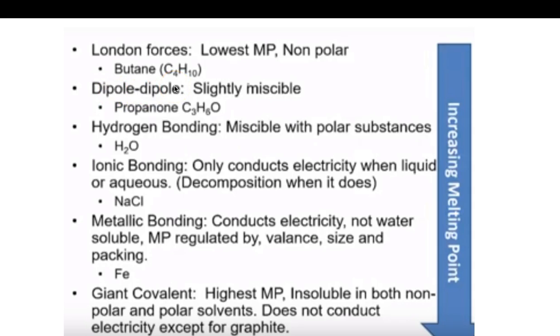Dipole-dipole, this is higher than London dispersion, and it is slightly miscible, meaning slightly soluble. Now, if you think of soapy water, the reason we use soap to wash things like our clothes and our dishes is because soap has non-polar portions to it, so it can dissolve the non-polar stuff.